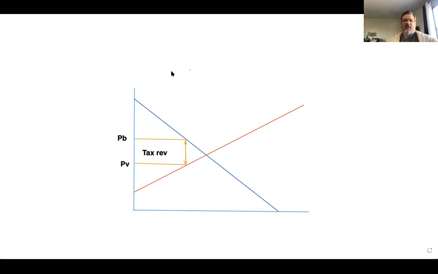And this up here is the CS with the tax, and here is the PS with the tax, and that triangle there is the deadweight loss. So again, if I was going to do this, I would have this picture sitting next to me on my desk.